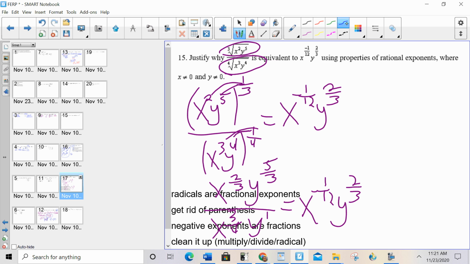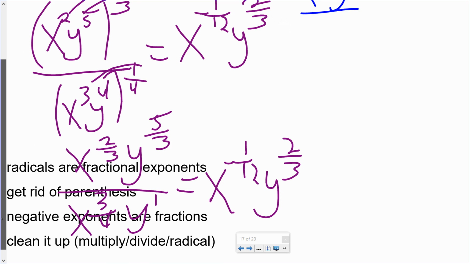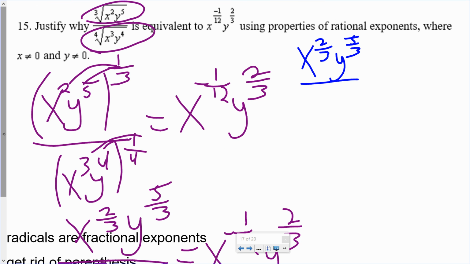So on my left-hand side, I'm good with negative exponents. So x to the 2/3, y to the 5/3 over x to the 3/4 y.